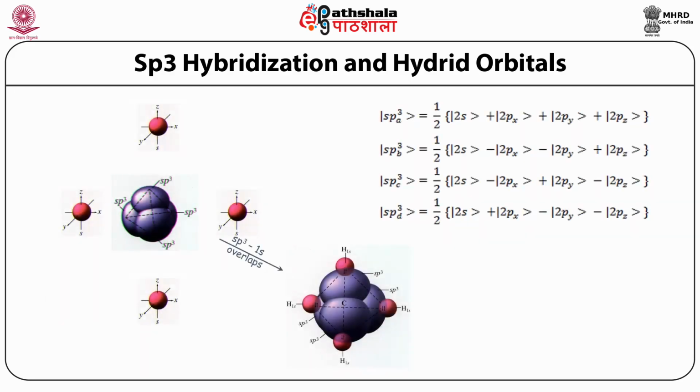The carbon atom in methane, that is CH4, provides a simple example of sp3 hybridization through its tetrahedral bonding to 4 nearest neighbor hydrogen atoms.